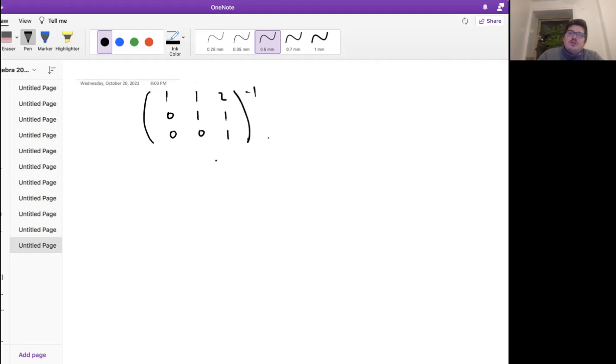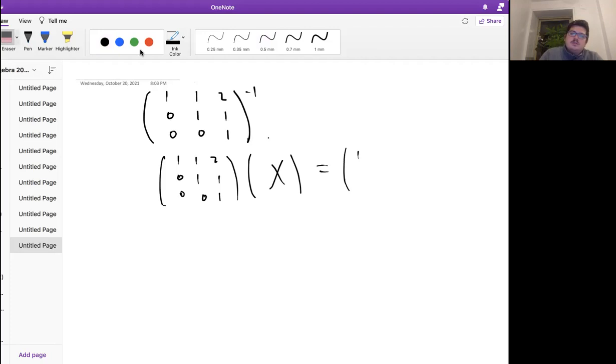So essentially what we're saying is, we want to find some matrix X such that AX is equal to the identity. So we're solving for X.